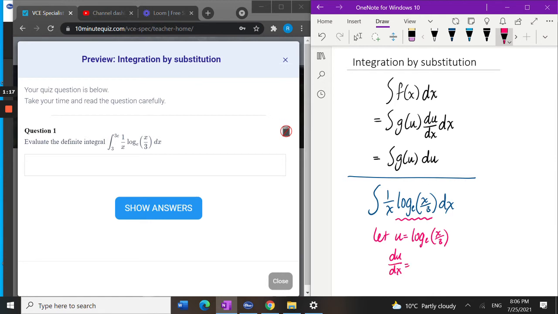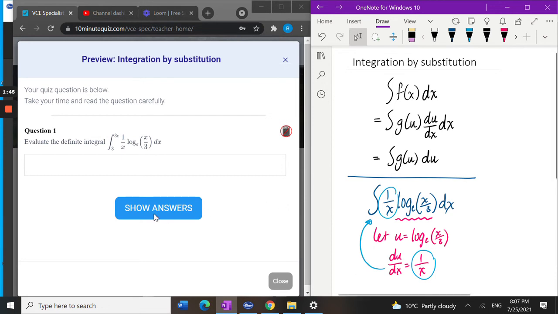Well, derivative of log x is 1 over x, and with the 1/3 in here, that constant is going to cancel out in our derivative, so the derivative would still be 1 over x. That's great, because that's part of our integral. That's going to be our du dx, which will cancel out, giving us a simpler integral in terms of u.